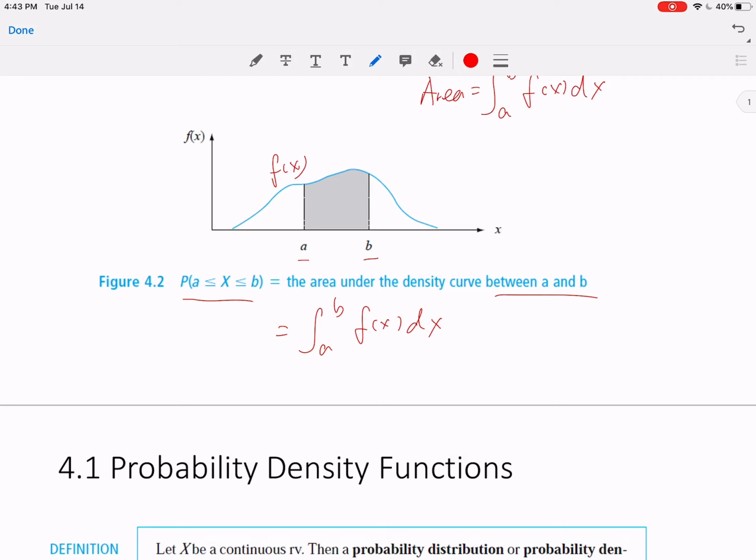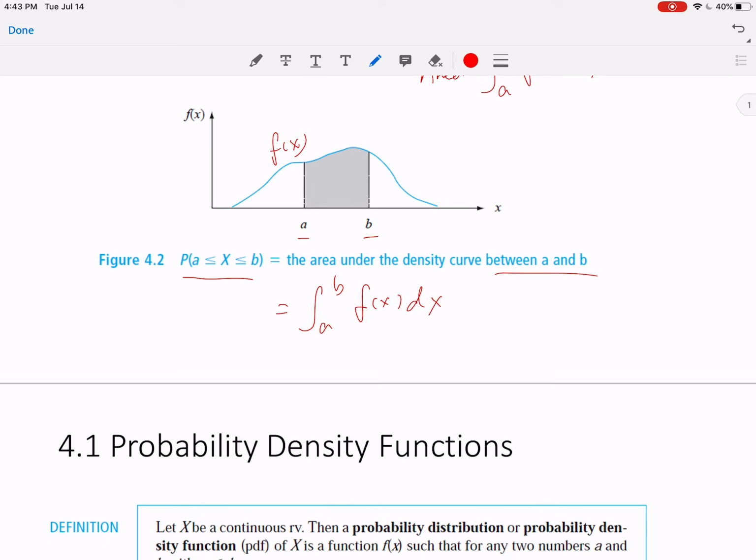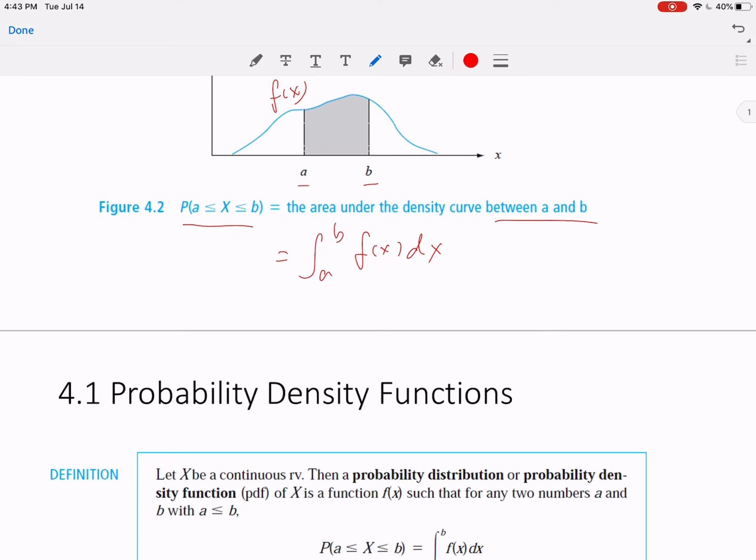So we just add them all up. But if we're working with a continuous random variable, there are infinitely many possible values between a and b. We cannot do the summation mathematically, so instead we're going to do the integration here.